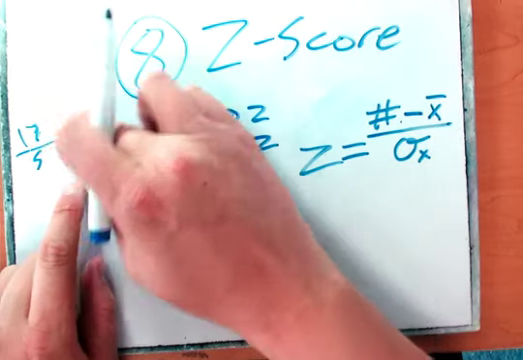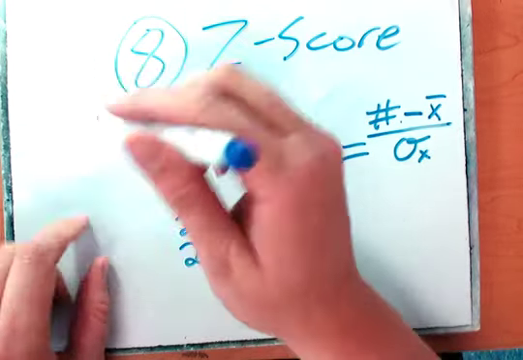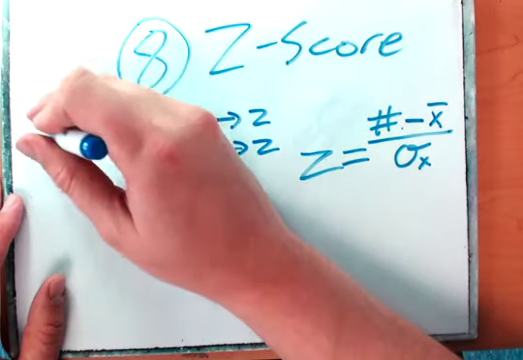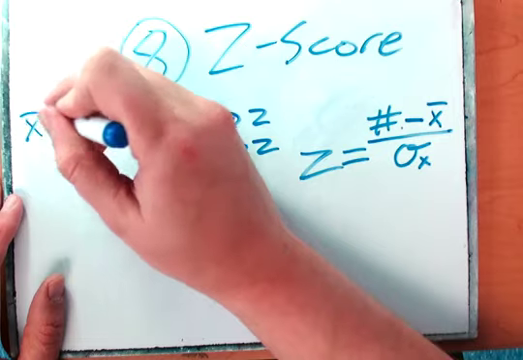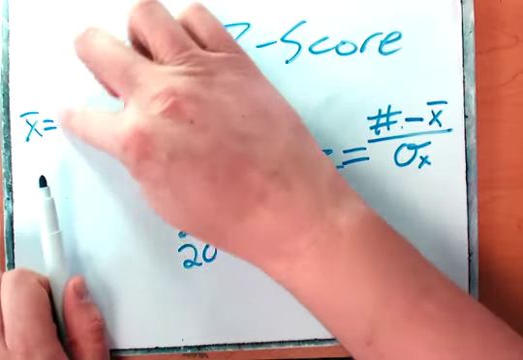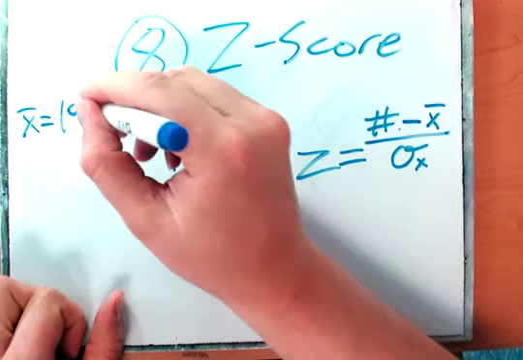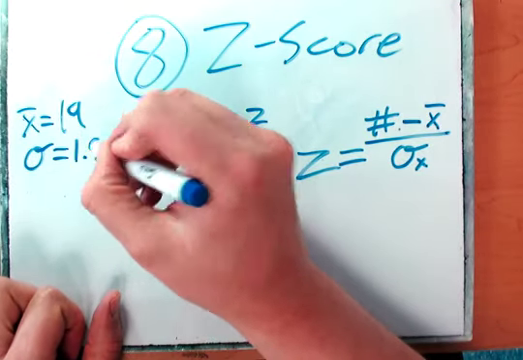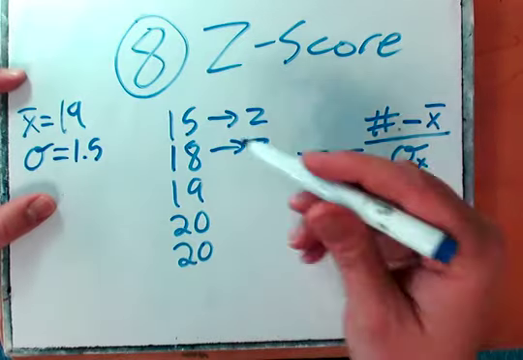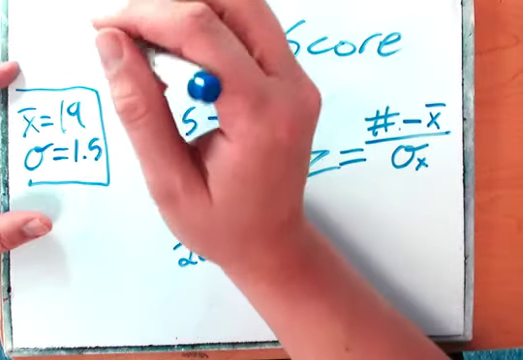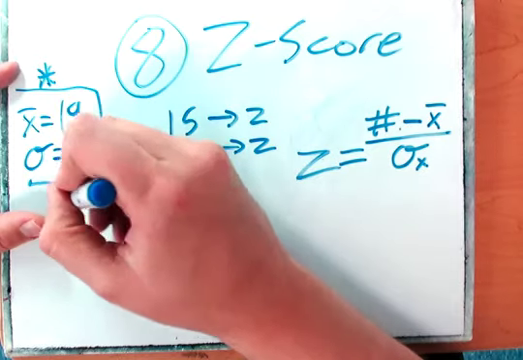Let's say the standard deviation is about 4. Actually, let's assume x bar is about 19, and the standard deviation is about 1.5. I'm going to assume these aren't necessarily right, so please be cautious. These are just estimates.